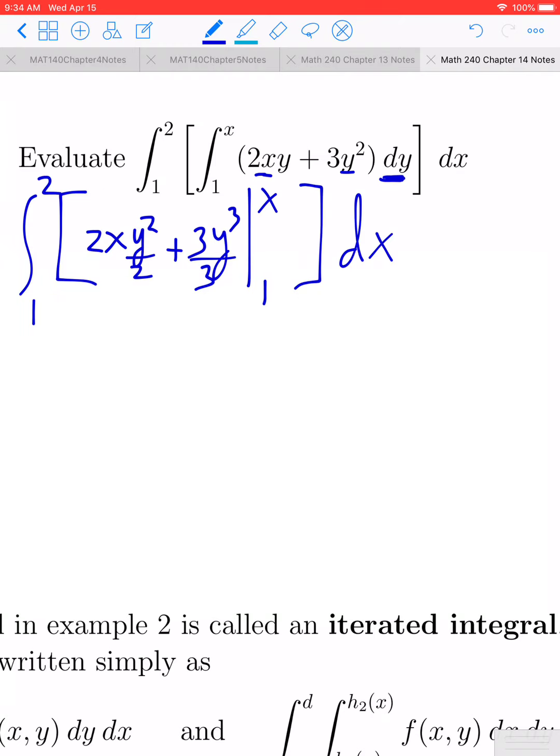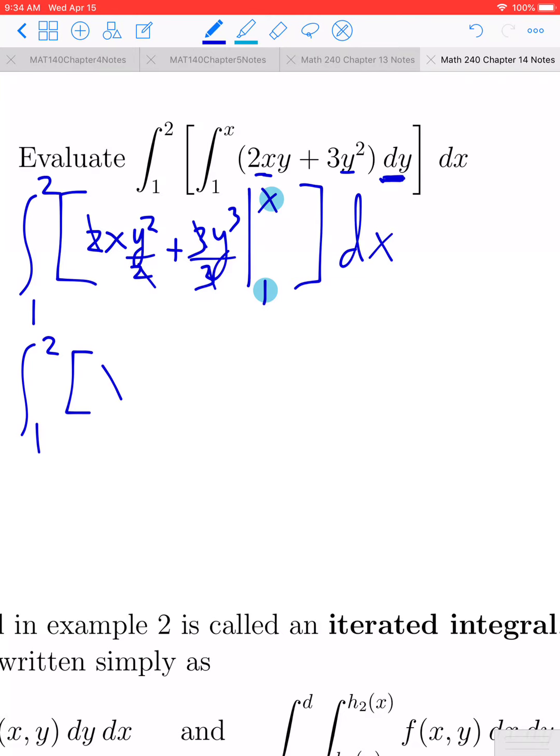We can do that using the fundamental theorem of calculus. Just plug in the upper bound and then subtract the antiderivative evaluated at the lower bound. Because I integrate with respect to y, everywhere I see a y, that's where you're going to evaluate your bounds.